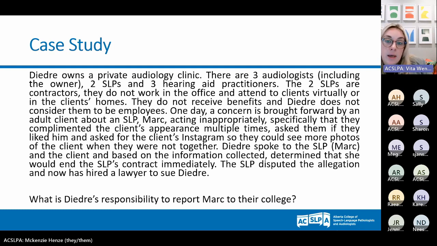So there may be that obligation on Deidre to report to the college under Section 57 of the Health Professions Act. So it's important to keep that in mind, like I said, for regulated members in a position where they have other contractors or they have other staff.